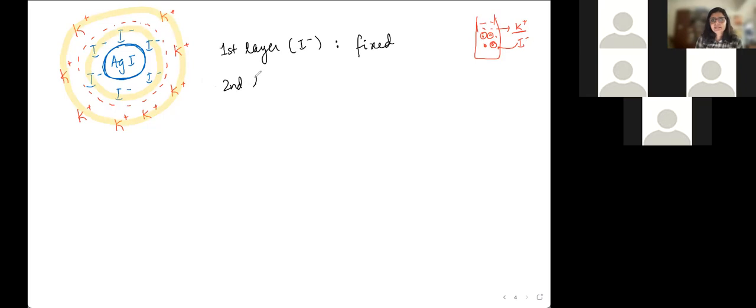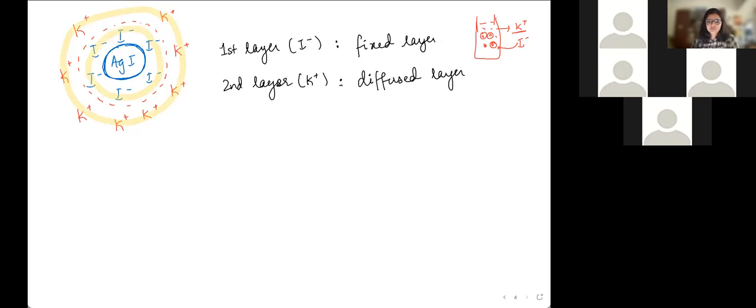And the second layer, because it's a secondary thing, occurs only because this already has the first round of charge. In this example, that is K plus. So the second layer is called the diffused layer. This is the fixed layer, this is the diffused layer.